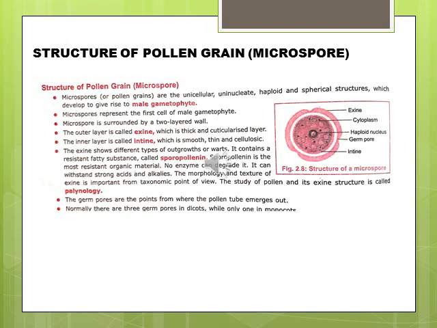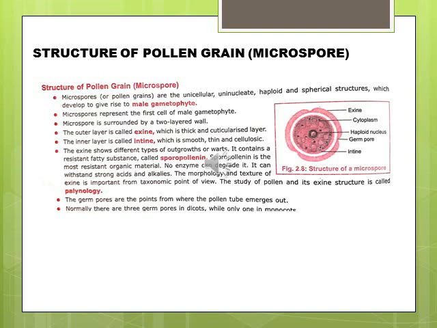In the exine structure only, we can see there are gaps or points present in between the exine, and these gaps or points in the exine layer are known as germ pores. And germ pores serve a very important function, that is the pollen tube emerges out of this germ pore.